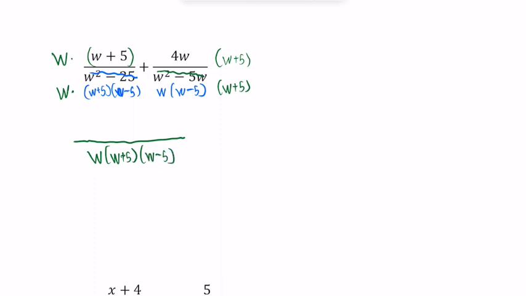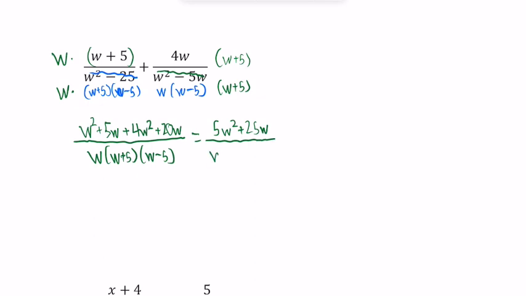In our numerator, w times w plus 5, we have w squared plus 5w. And from the second fraction, 4w times w plus 5, we have plus 4w squared plus 20w. We combine the like terms in the numerator and we would have 5w squared plus 25w.